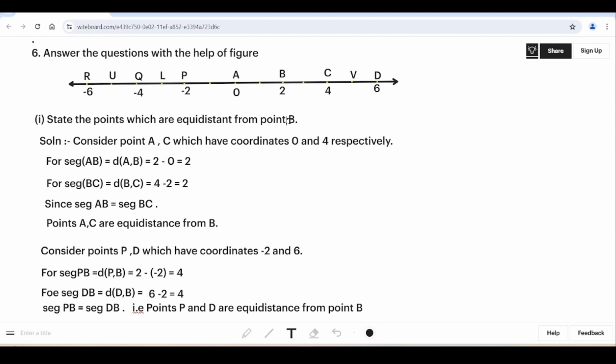So now, as there are only this many points, there are no further points. So we have to calculate only for this set of points. That is, from point B we have C and A, and another set was D and P, and both are equidistant. Okay.